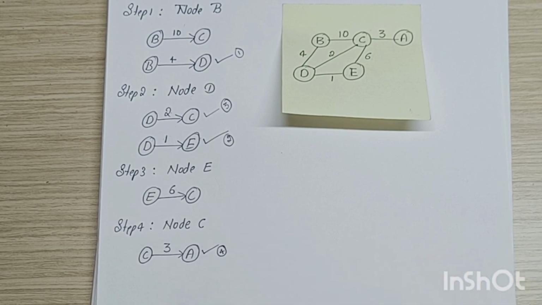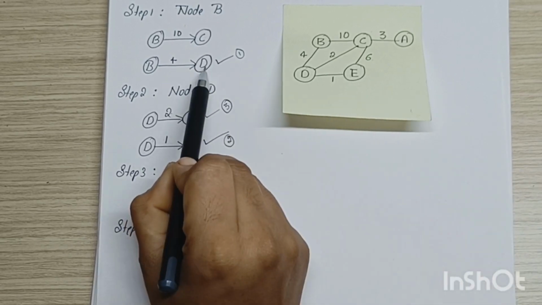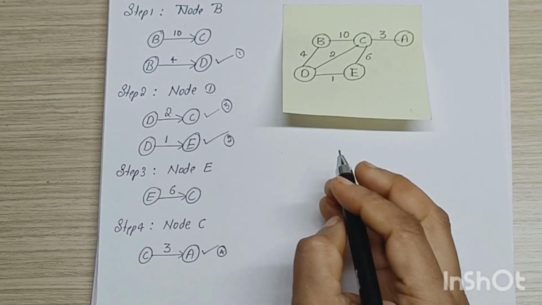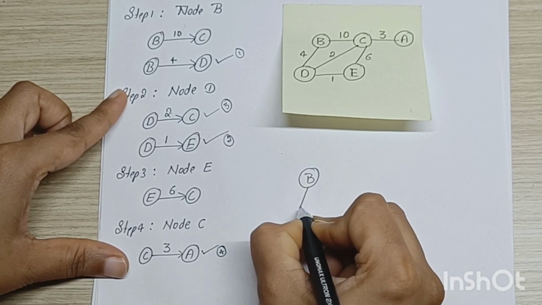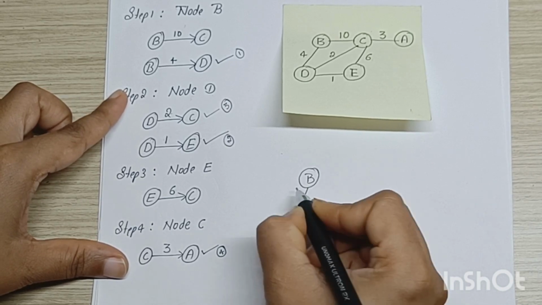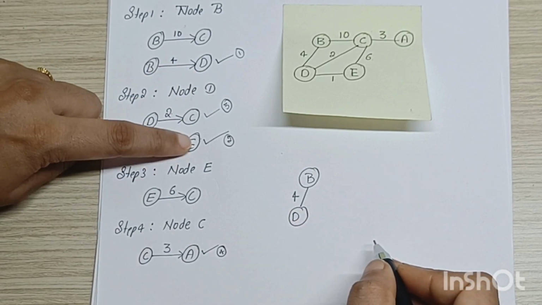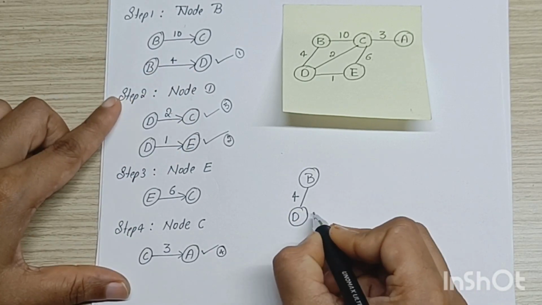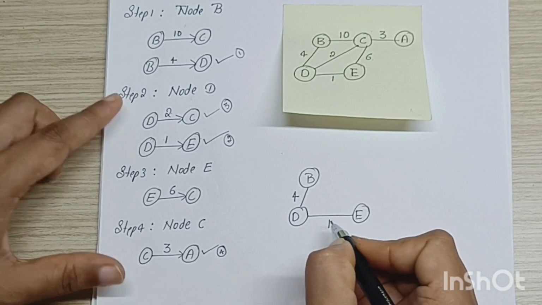So let us draw the final diagram of this Prim's minimum spanning tree. Here first consider the first edge, that is B to D with the cost of 4. Next you have considered D to E with the cost of 1.